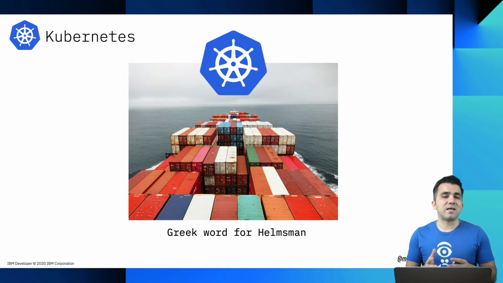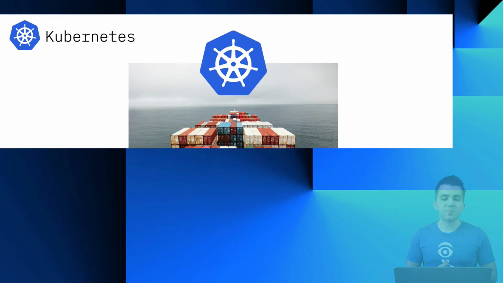Just like the helmsman, Kubernetes looks after a large number of containerized applications by orchestrating them according to the load and the available underlying resources, making sure our system achieves minimum to zero downtime and our applications are always up and running.